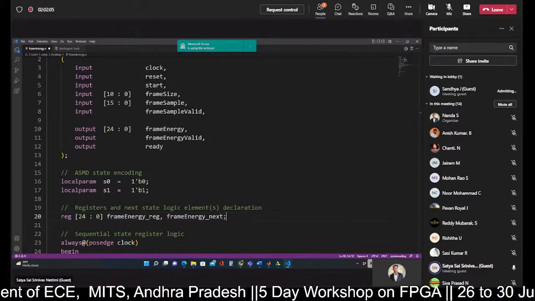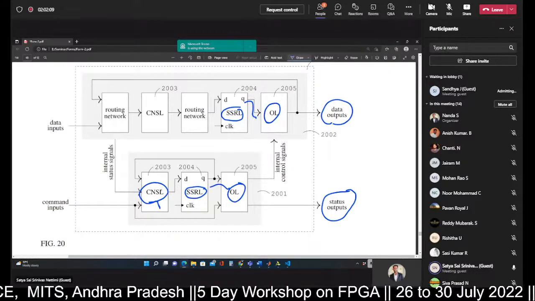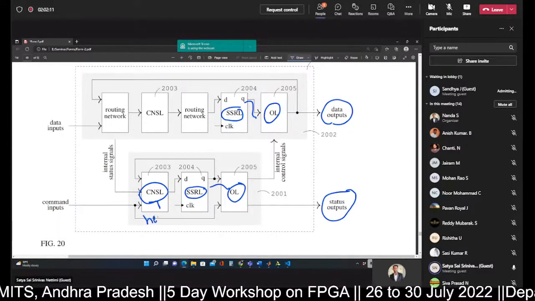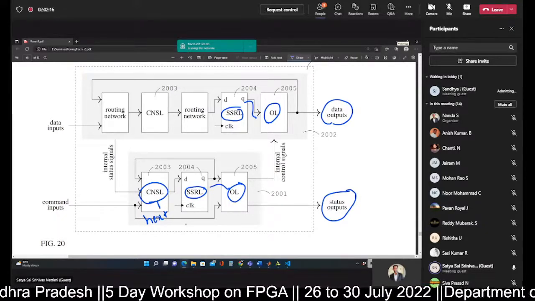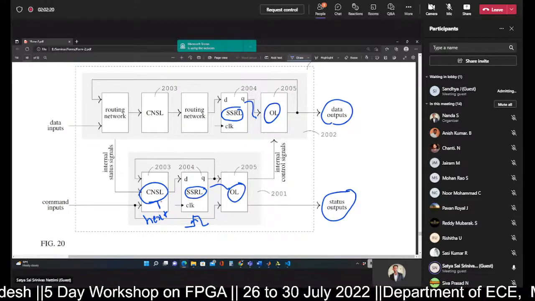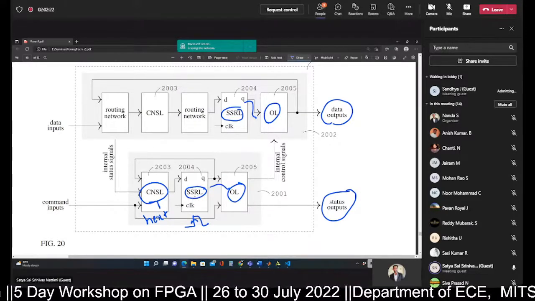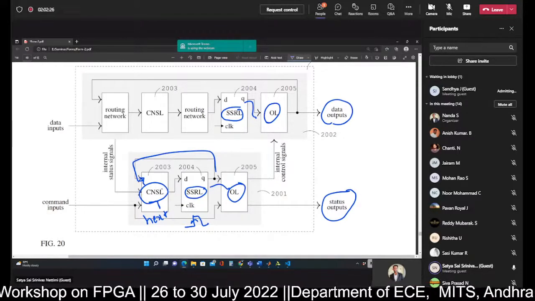Why do I give next? Because this combinational next state logic will calculate the next value beforehand, and this next value will update in the register on arrival of the next clock edge. So when the next clock edge comes, this next value will go inside the register, and immediately this value is fed back, right?